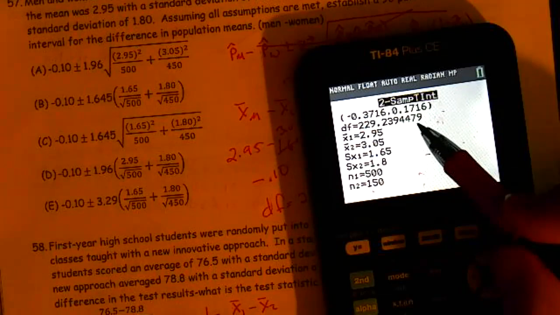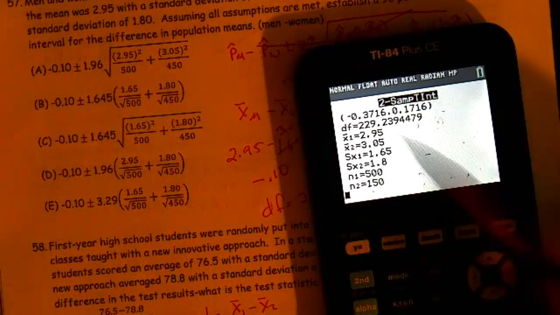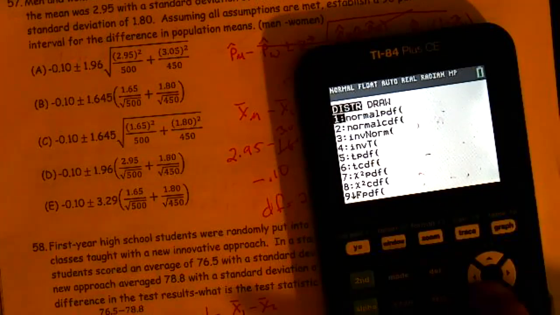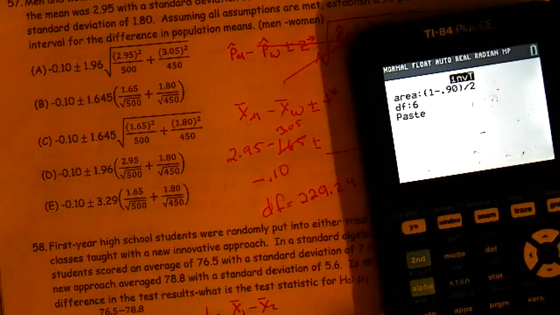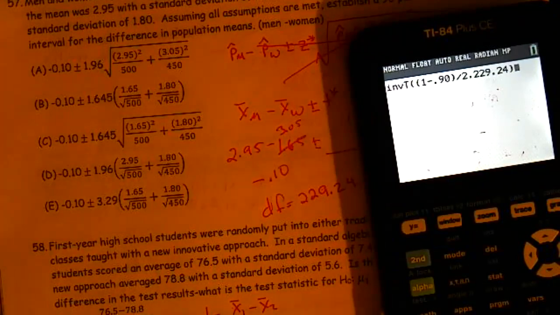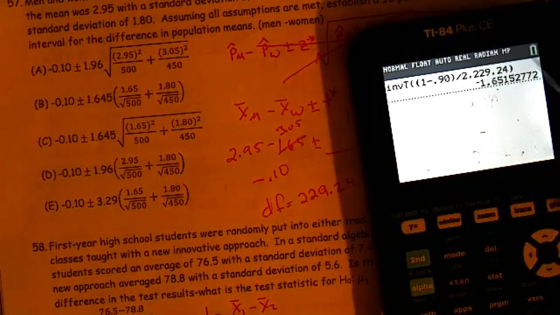And so now I need to go back and go second bars, inverse T, 1 minus 0.90 divided by 2, with the degrees of freedom at 229.24. And I end up getting a T star value of about 1.65.